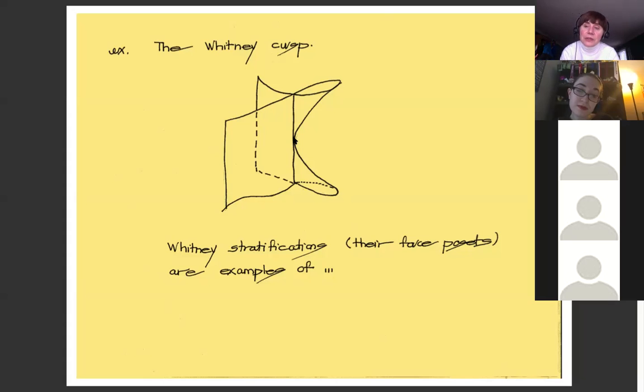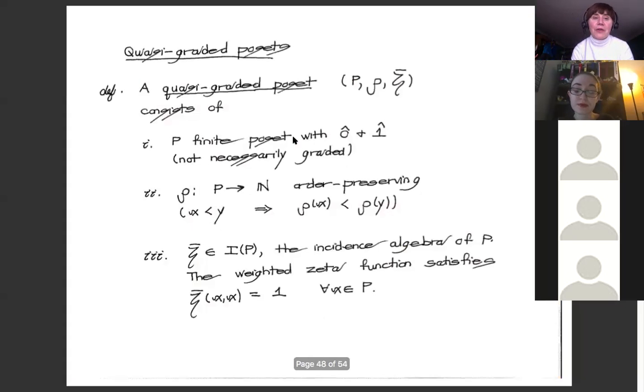All right, it turns out all this Whitney stratification stuff, the face posets of them, are examples of something called quasi-graded posets. So I had an example there for the winking torus. The whole idea is that things are in nice ranks, and there's something called a zeta bar function, which keeps track of nice weightings going on.